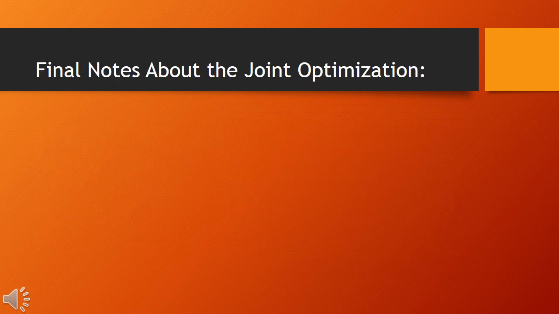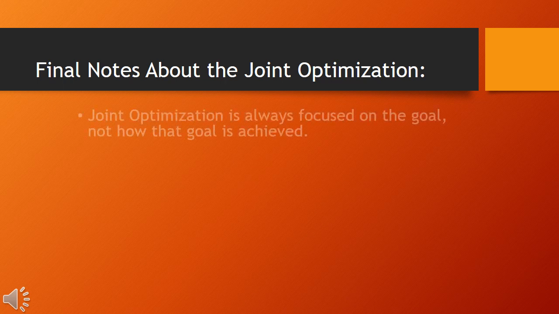Some final notes about joint optimization. Point 1. Joint optimization is always focused on the goal, not how that goal is achieved. This allows managers and employees flexibility to tailor their mix of human and technical resources in order to achieve the stated goal. Point number 2.